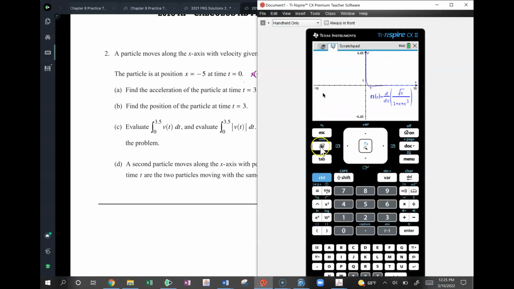So the first thing you want to do here is graph this one. So tab, what is the function here? So it's 10 sine of 0.4 t squared over x squared minus x plus 3.